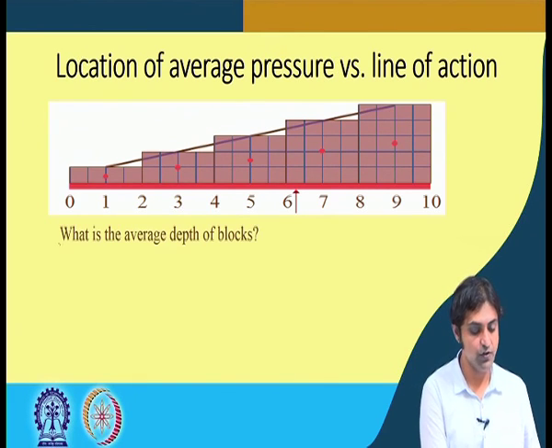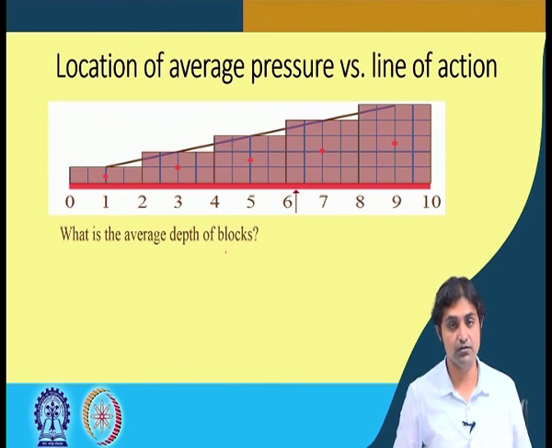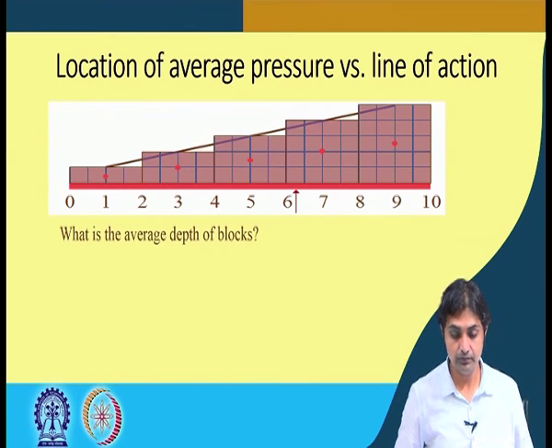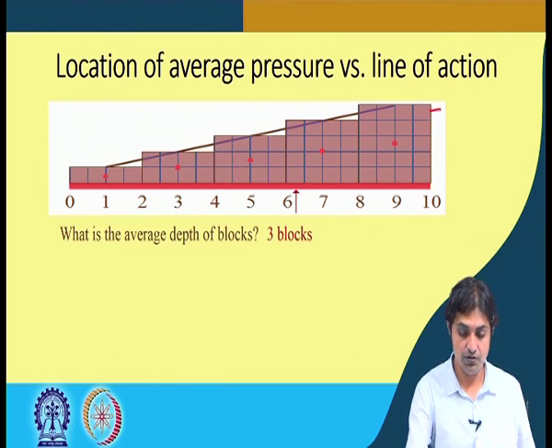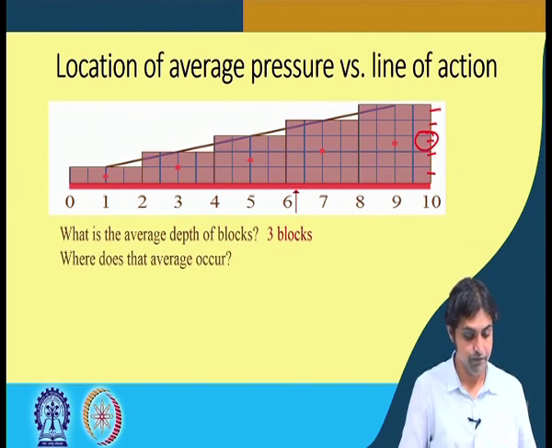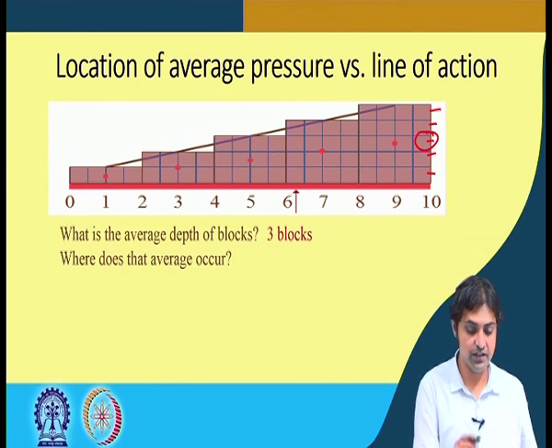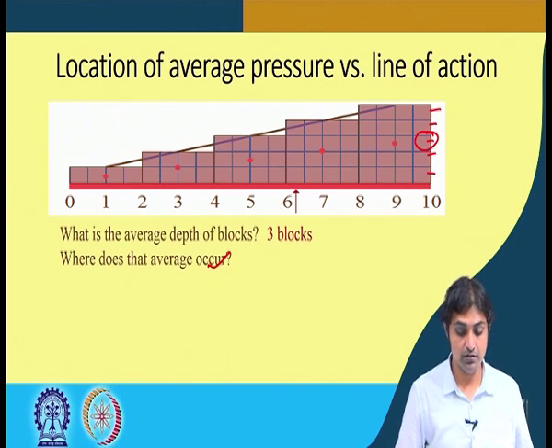So, my question is, what is the average depth of the blocks? Anyone? Tell me, what is the average depth? So, this is 1, 2, 3, 4, 5. So, what is the average depth? 3, right? Where does this average occur? Tell me, where is this average occurring? The depth, tell me.